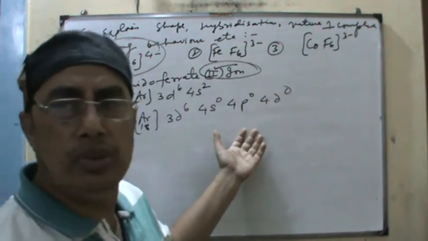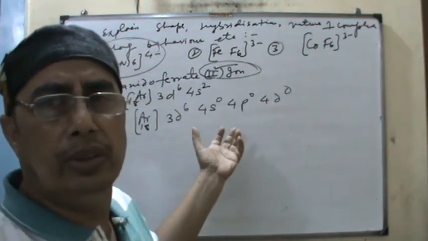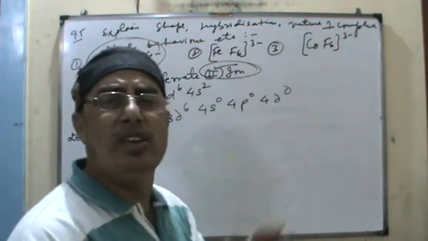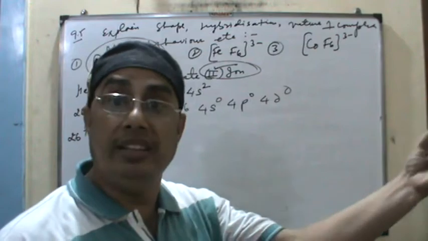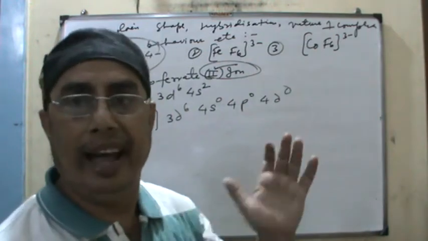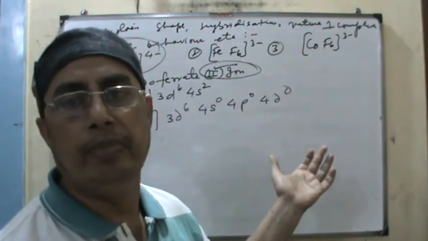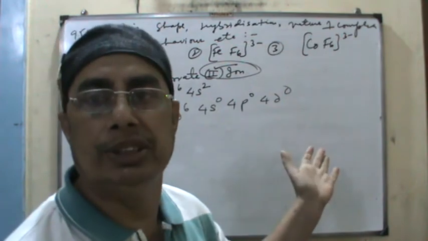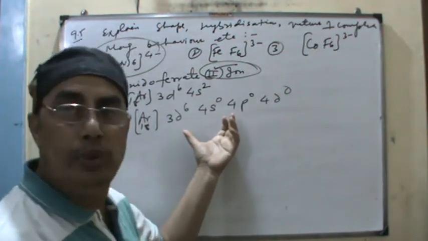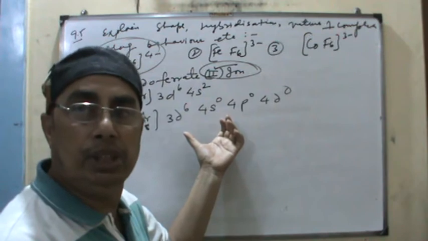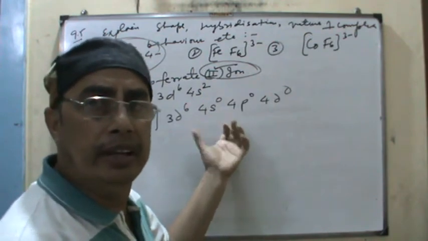There is no problem when you write the vacant orbitals. There is a possibility to take help from the vacant d orbitals. I know 4s, 4p and 4d, and the energy sequence is all right, so what is wrong with that? If I put 0, 0 and 0, nothing is harmed here.